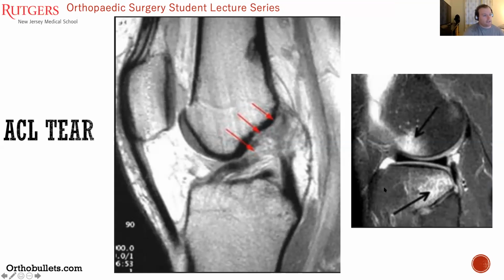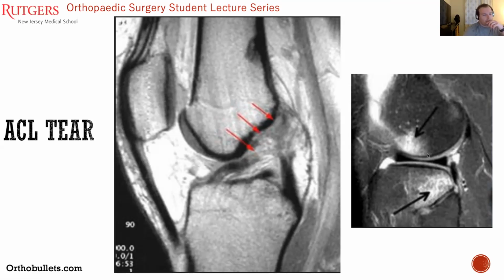So as the tibia is translated forward during the injury, the ACL is disrupted, allowing the tibia to go forward. And as it's returning back into its normal position, you have injury between the anterior middle third of the distal femur and the posterior third of the tibia. This is a characteristic bone bruise pattern of an ACL tear.